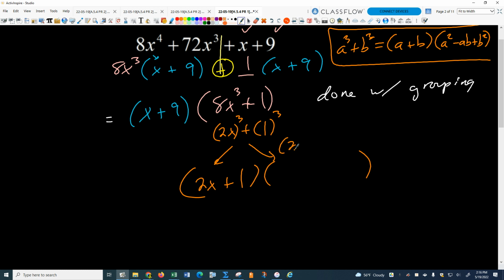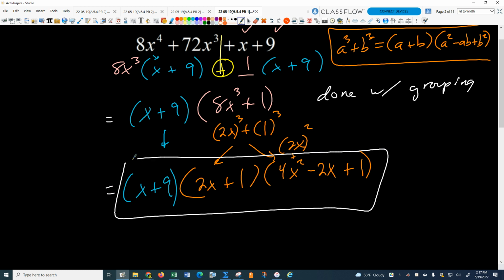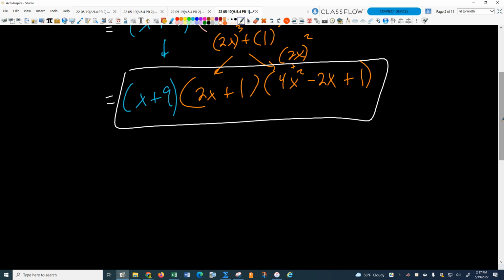So we're going to get a quantity 2x squared, which becomes 4 times x squared. Good. Minus 2x times 1, which is 2x, plus 1. Good. And don't forget, we've still got our x plus 9 out front. So there's our answer. Okay?